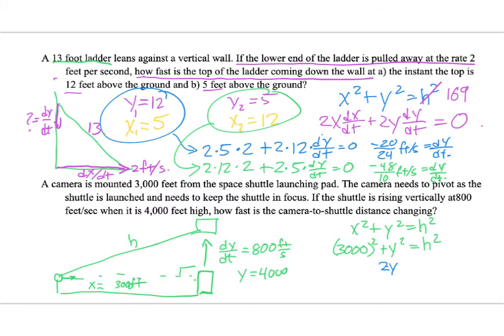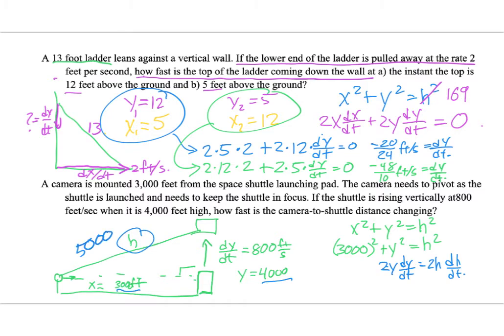We get 2y dy/dt, and that's going to be 2h dh/dt. All right, so we also didn't actually figure out h earlier. We've got 3,000, 4,000. That tells me this is going to be a 3-4-5 triangle. So that would be 5,000.